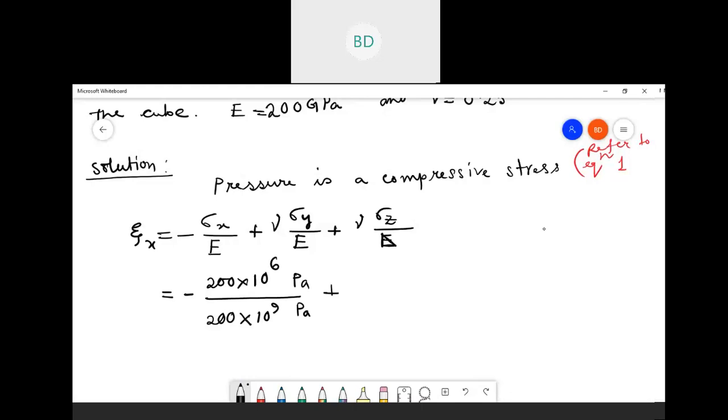So this is a Pascal, this is also Pascal. Plus nu is given as 0.25 into 200, same, because the same pressure is acting on all the faces.